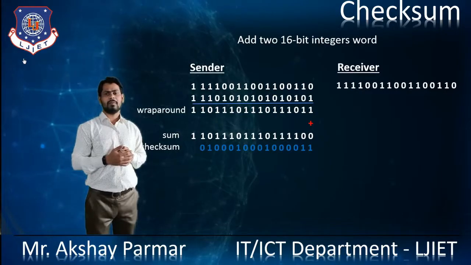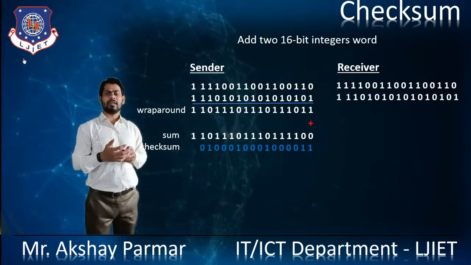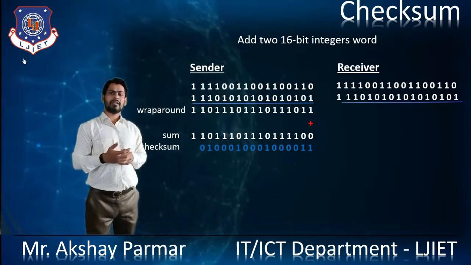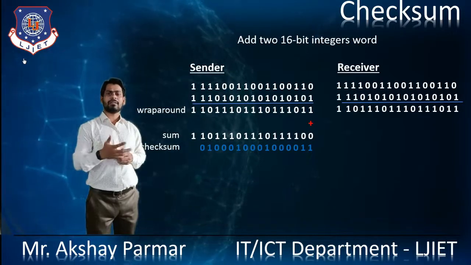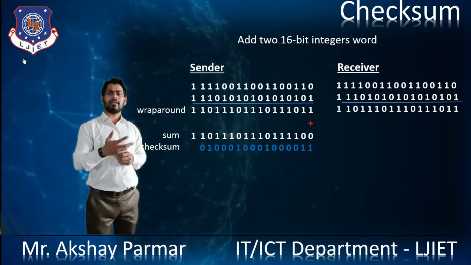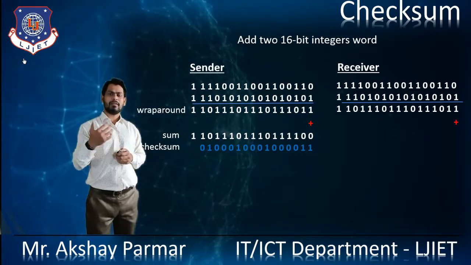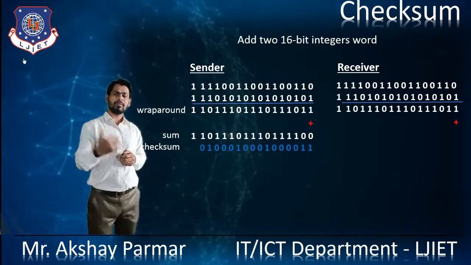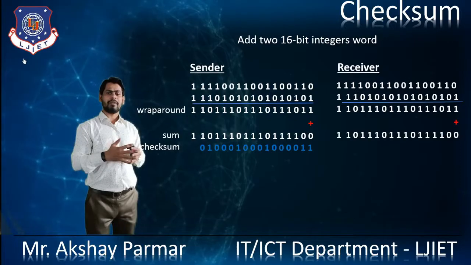At the receiver end, what tasks are performed? They simply add the two integer numbers which they have already received. After adding, they get the wraparound in the similar kind of way. After getting that, they take the one's complement, and we get the sum.